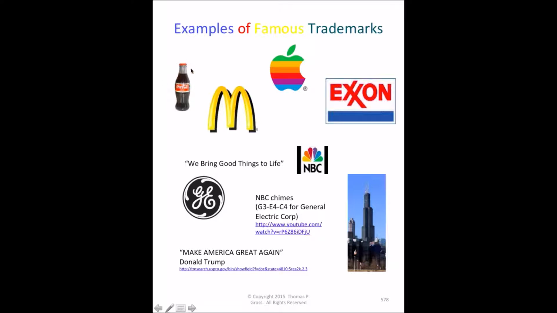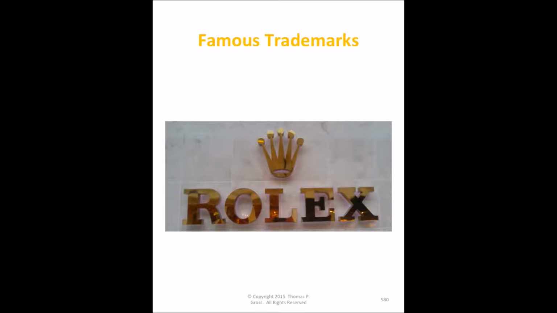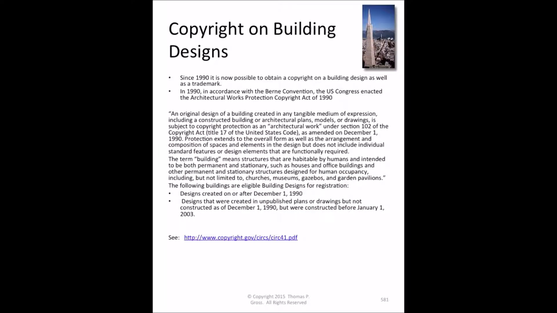Here the shape of a Coke bottle or the shape of a building can be a trademark. Here's Donald Trump's application, or actually it might be the grant, Make America Great Again. Rolex is a well-known trademark. Copyrights on designs of buildings since 1990.